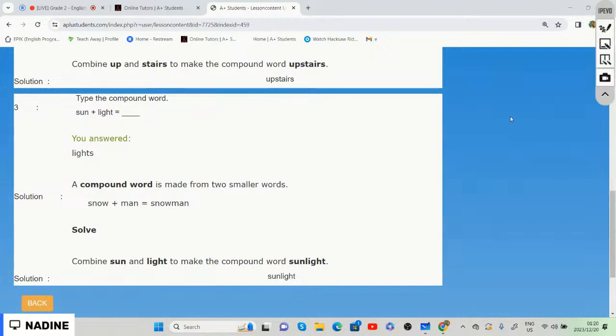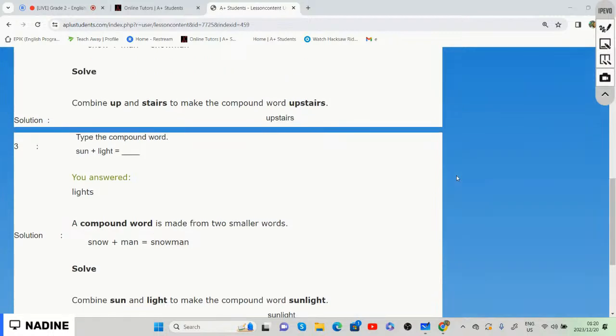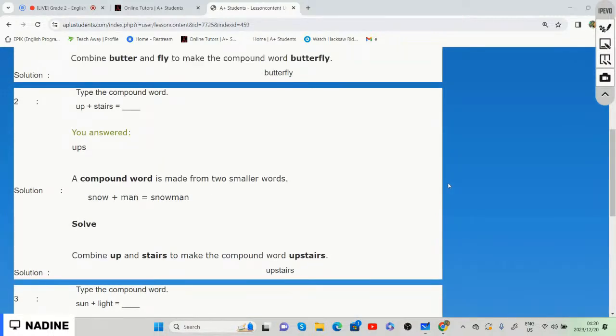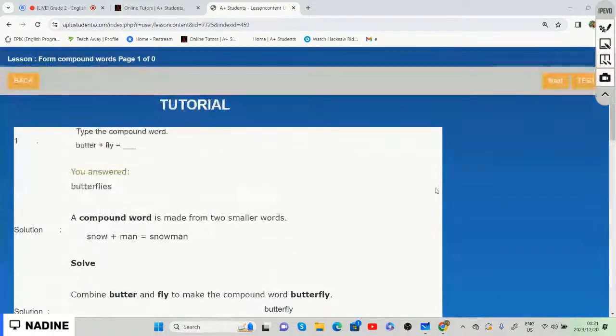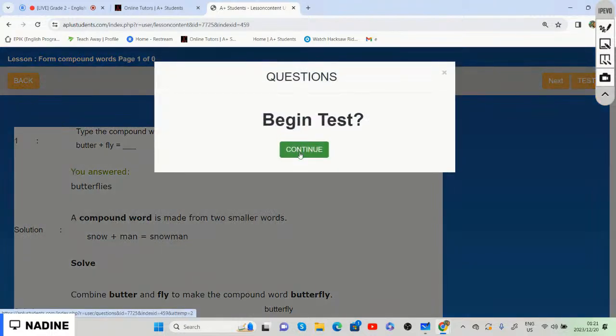All right, so once again, a compound word is made from two smaller words, right? And then you combine those two words to make a compound word. And even the meaning of that compound word changes. So now we're going to our test.